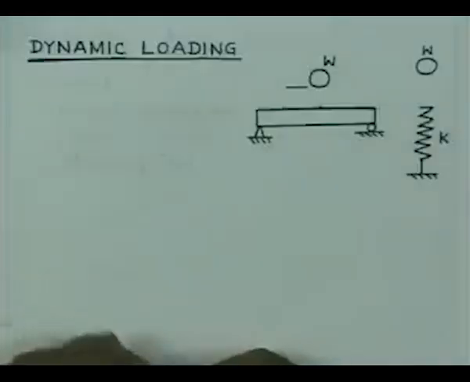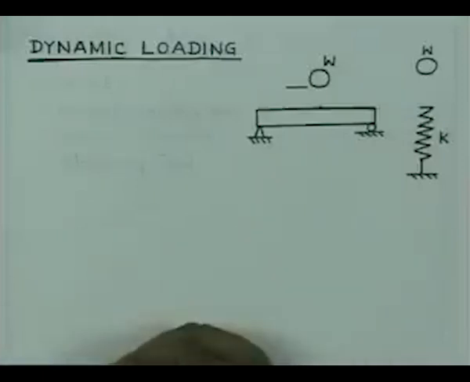Now, I would like to give you something which is useful in dynamic loading situations. You would have come across or you have seen situations wherein the loading on a component is not gradual, it is suddenly applied.